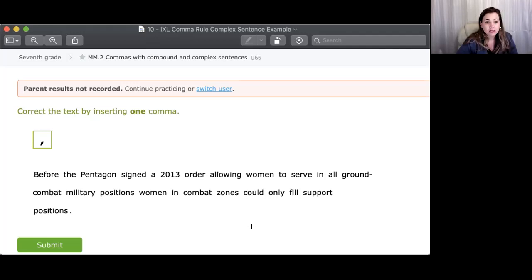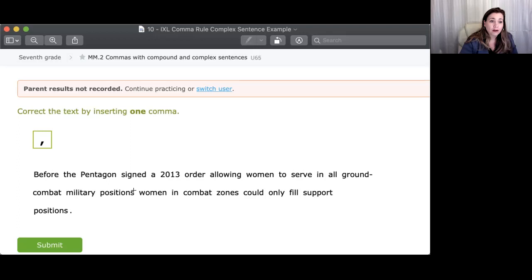All right, so what we need to do is determine where in this sentence we have our independent clause. I'll give you a second to read it and see if you can determine what part of this is our independent clause. Okay, so here it is. It starts with women. Women in combat zones could only fill support positions. That would be our independent clause.